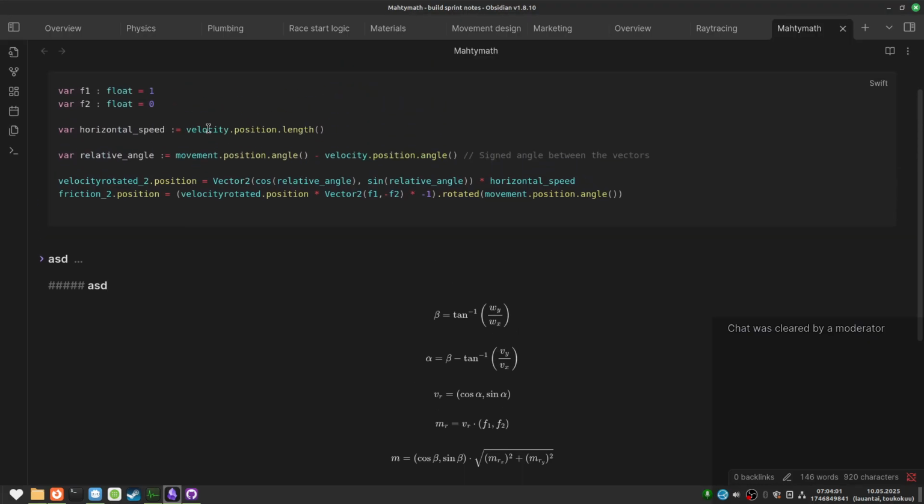There we go. Velocity rotated. Ooh, this is also multiplied by the speed, to the length of the velocity.